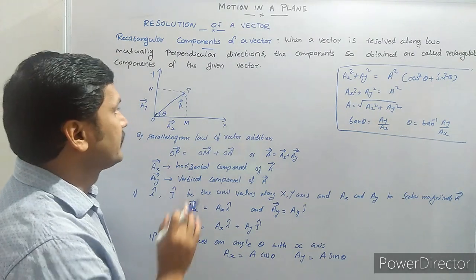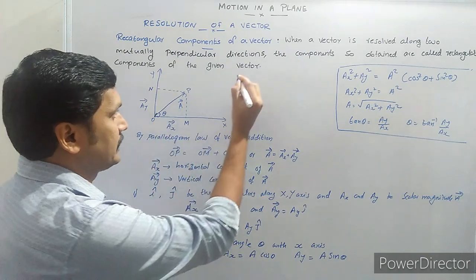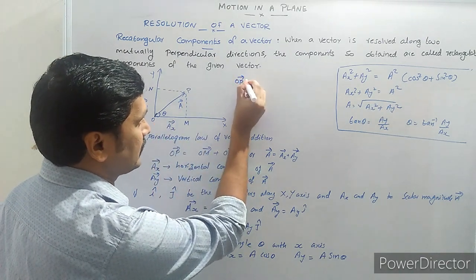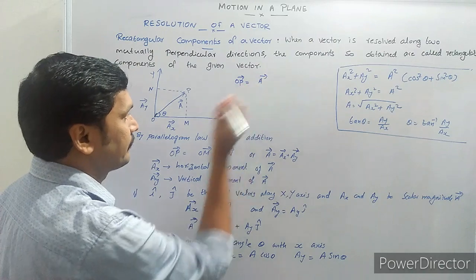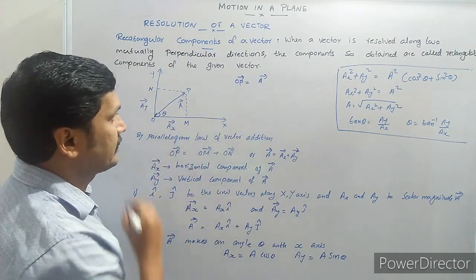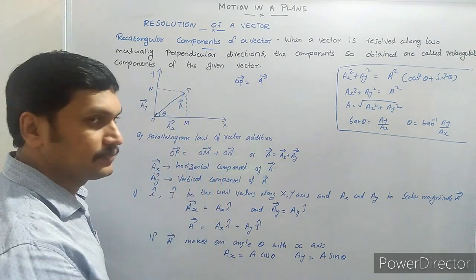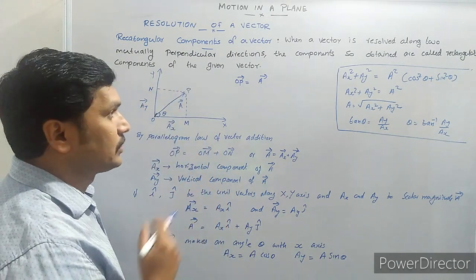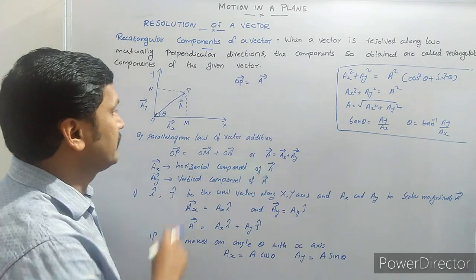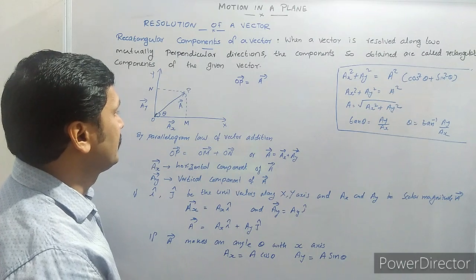For example, here we have vector A, vector OP, equal to vector A. The head of the vector is P and the tail of the vector is O. The vector A is shown here. Now we are going to resolve this vector into two mutually perpendicular directions.